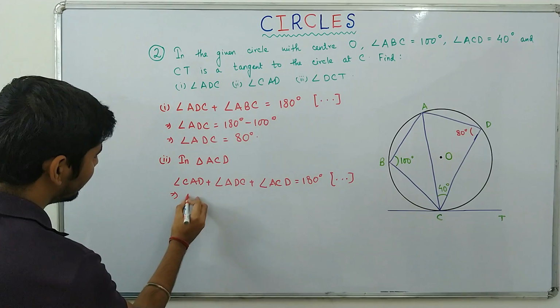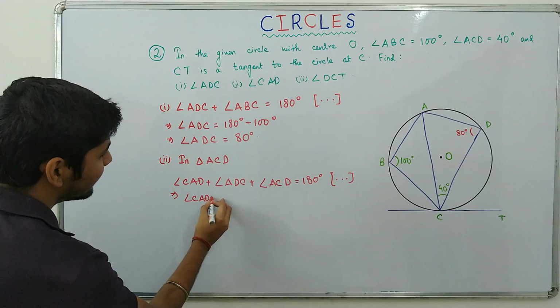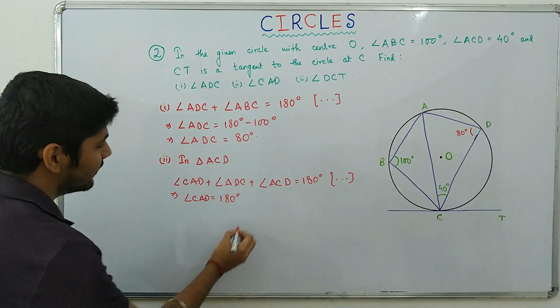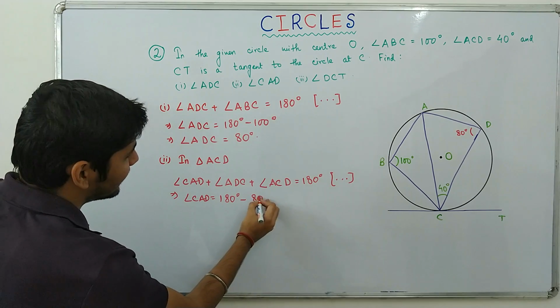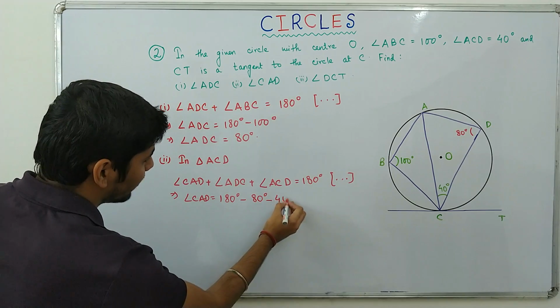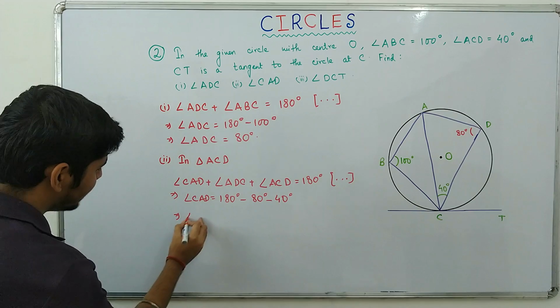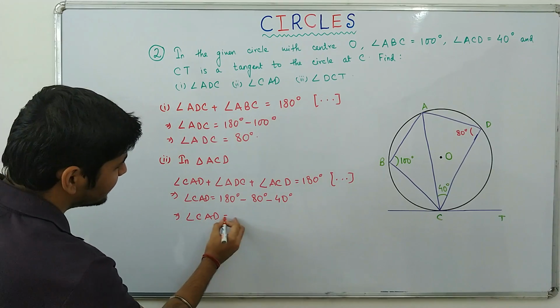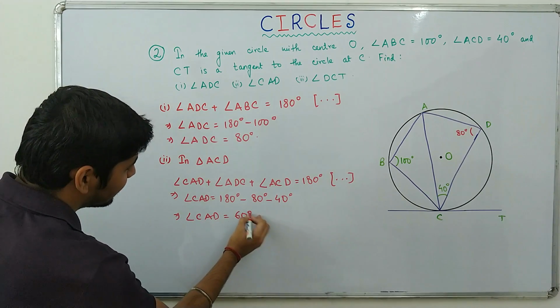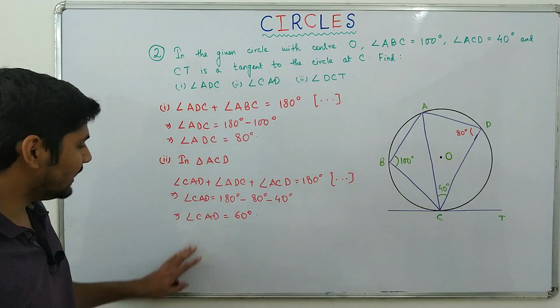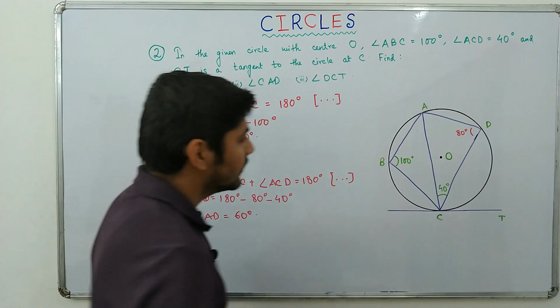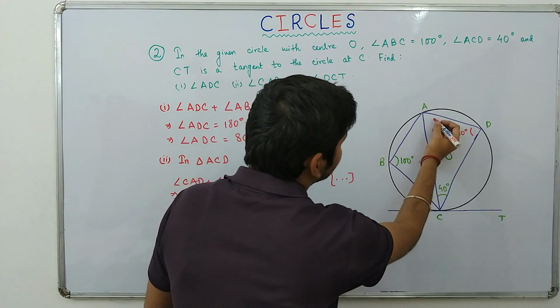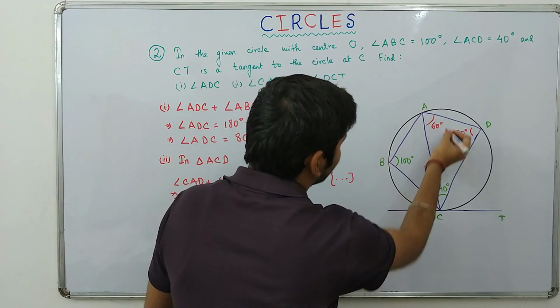So we get angle CAD is equal to 180 degree minus 80 degree minus 40 degree. That means angle CAD is equal to 60 degree. So we get our second answer, that angle CAD is 60 degree. So CAD, this angle is 60 degree.